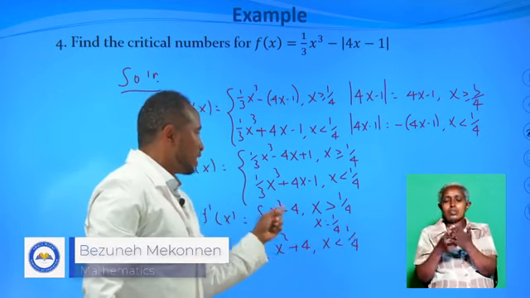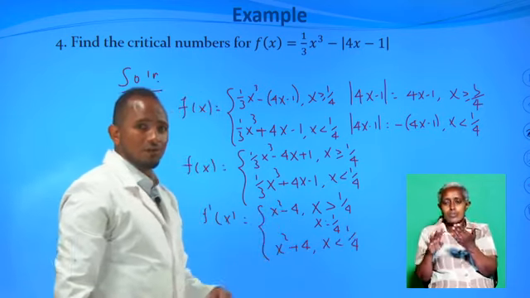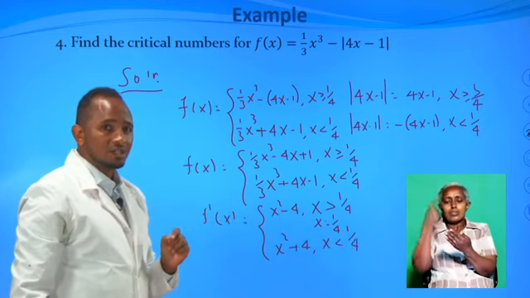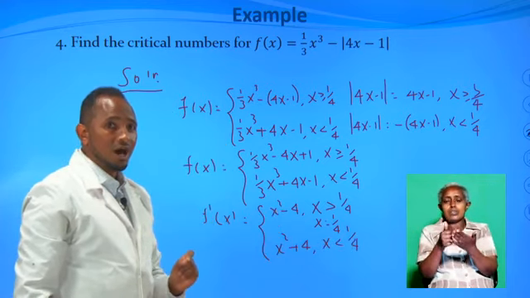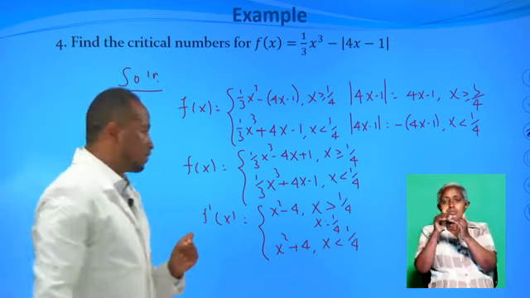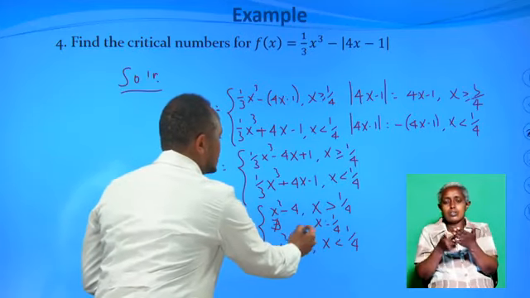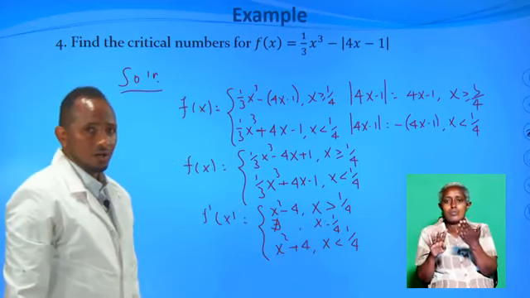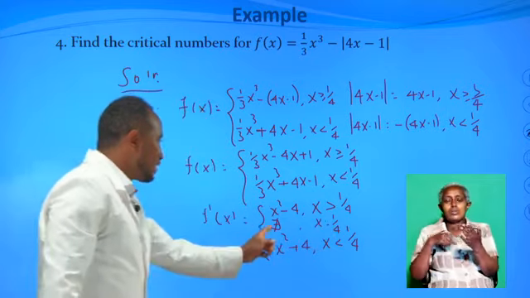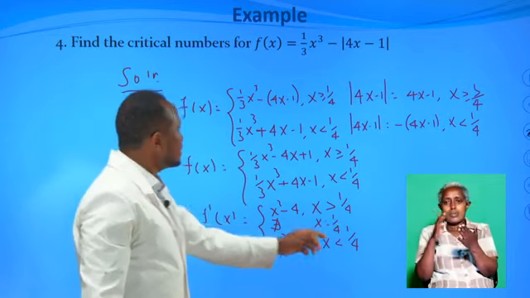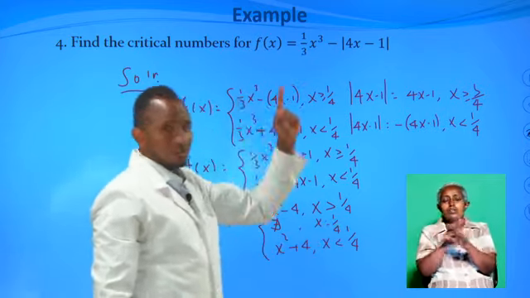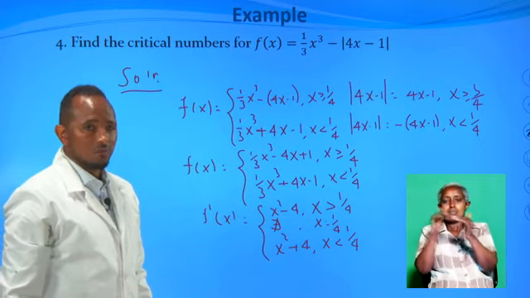These two are not equal at 1 over 4. Therefore, the derivative of this function does not exist at x equals 1 over 4. So from this, we have one critical number, 1 over 4, since the derivative does not exist there.